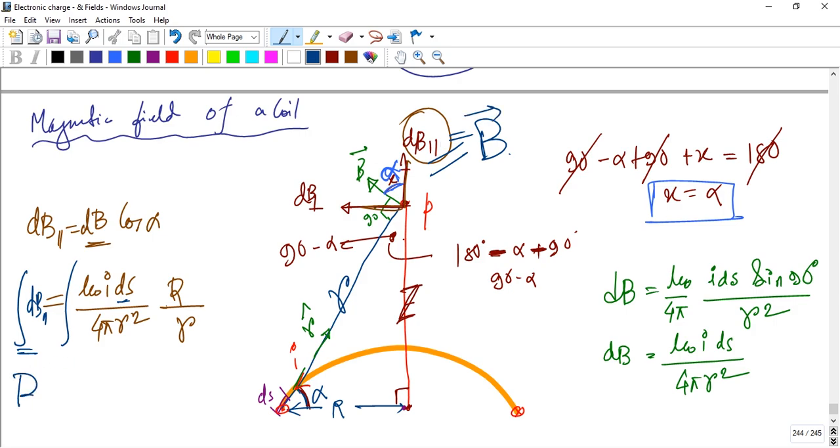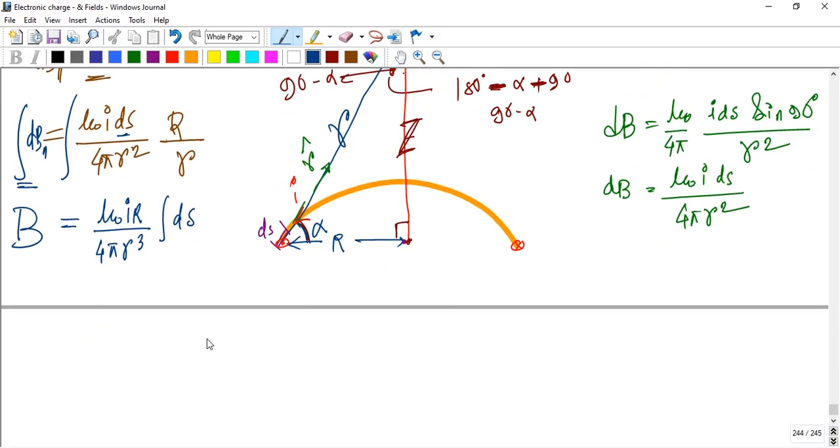So B is equal to mu 0 I capital R by 4 pi small r cube, integral of ds. So the final answer is mu 0 I capital R times the integration of ds, which gives s, by 4 pi r cube.